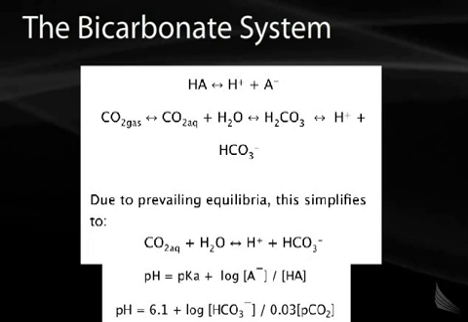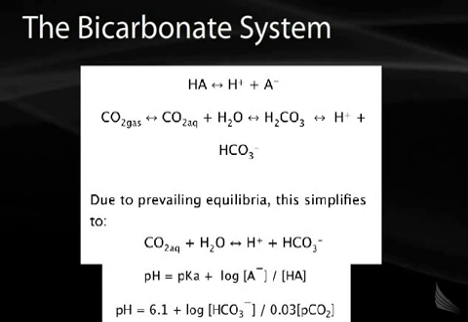Using this equation and the previous Henderson-Hasselbalch equation, we can predict how changes in bicarbonate concentration or changes in carbon dioxide concentration will affect pH. Using the pKa of this reaction, we substitute the numbers and we see that the pH of a given solution, in this case blood, is 6.1 plus the log of the ratio of the bicarbonate concentration over 0.03 times the partial pressure of carbon dioxide.